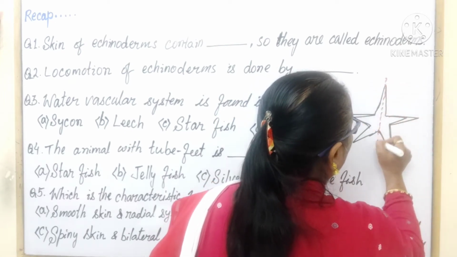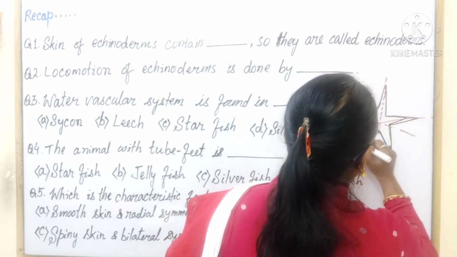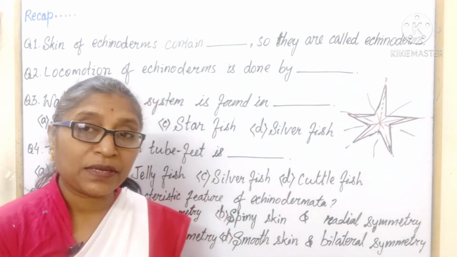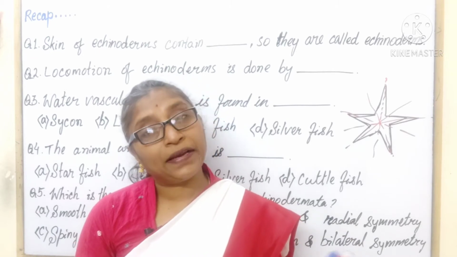This is 1, this is 2, this is 3, 4 and 5. So pentaradially symmetric, and the larval forms exhibit bilateral symmetry.